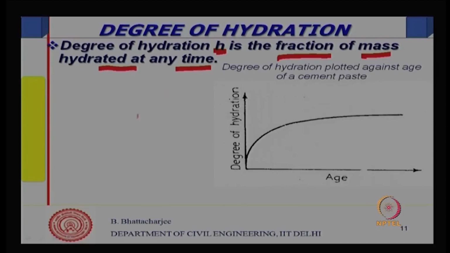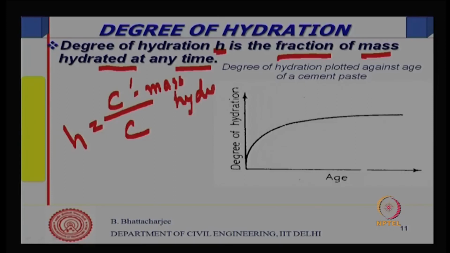That means, just for our understanding, if C dash is the mass of cement hydrated, C is the original mass, H is given by this: quantity of cement hydrated divided by original. So, H is a fraction.